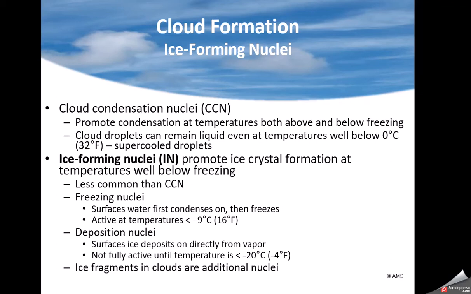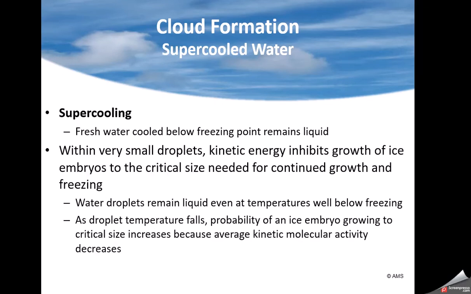So we have a lot of supercooled water in clouds. So once these ice crystals begin to form, then they begin to take over and become the dominant part. Within that very small kinetic energy range, once they begin to grow, they become ice crystals. Ice crystals are frozen, so they have a little bit less kinetic energy.